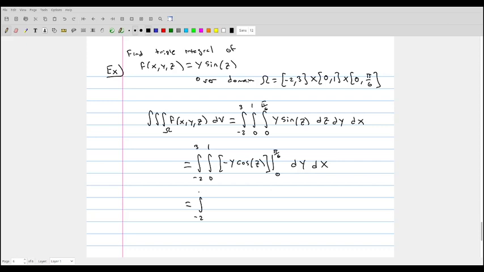Then the integral from -2 to 3, integral from 0 to 1. When we plug in here, you'll get negative y cosine of pi over 6, and you'll get minus negative y cosine of 0. So that ends up becoming positive y cosine of 0, which is just 1. Y times 1 minus y times cosine of pi over 6.